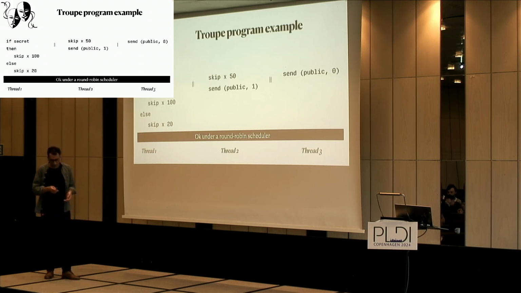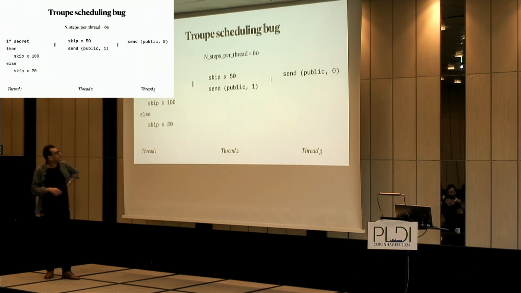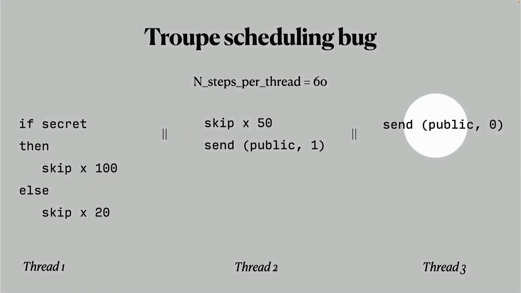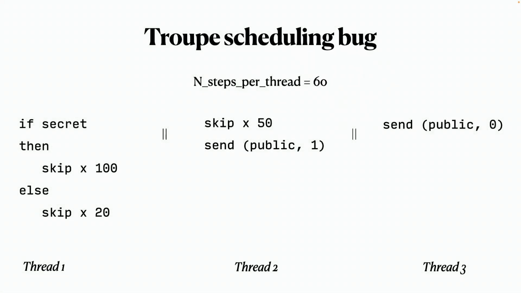So I implemented it, and I chose a countdown: n steps per thread, and for this example, let's set it at 60. With each instruction, I decrease the counter: 60, 59. When it reaches 0, we context switch, and so on.